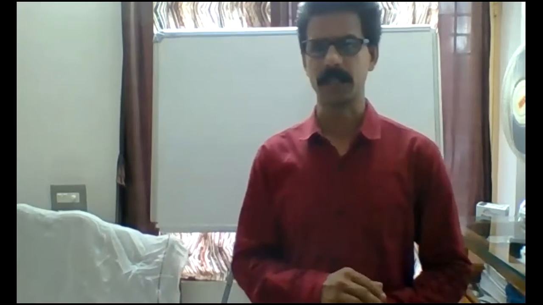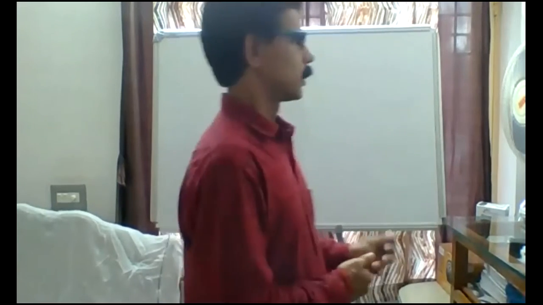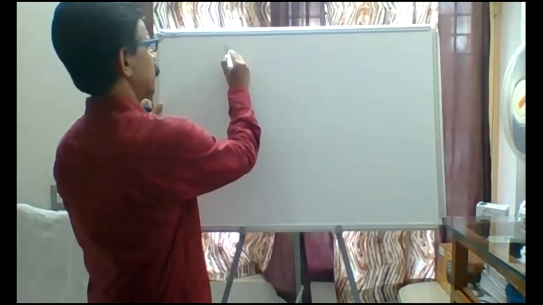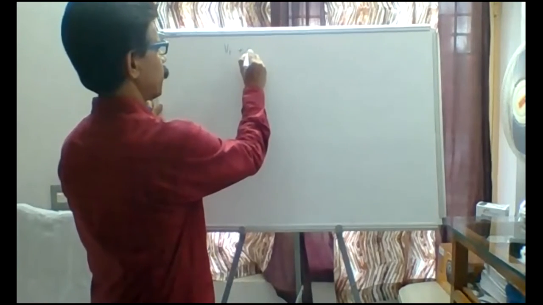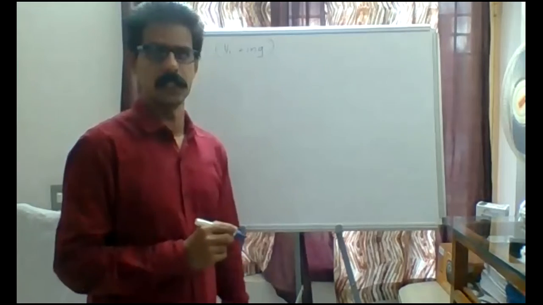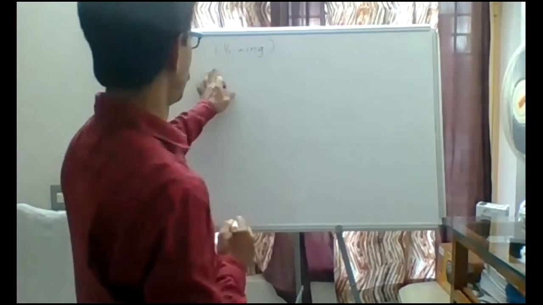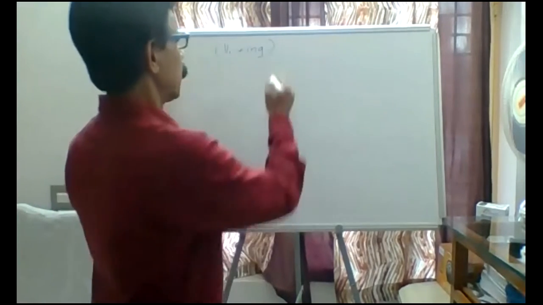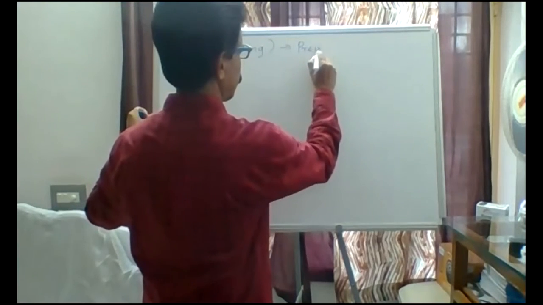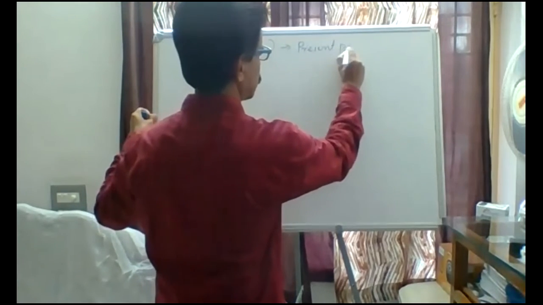This ing form is called the present participle. So verb plus ing, that is infinitive v1 plus ing, is the verb form. All v1 plus ing is called the present participle.